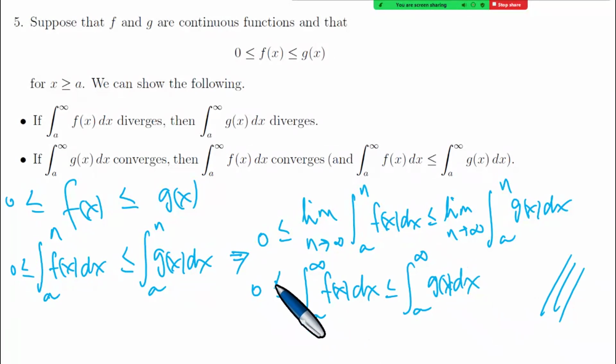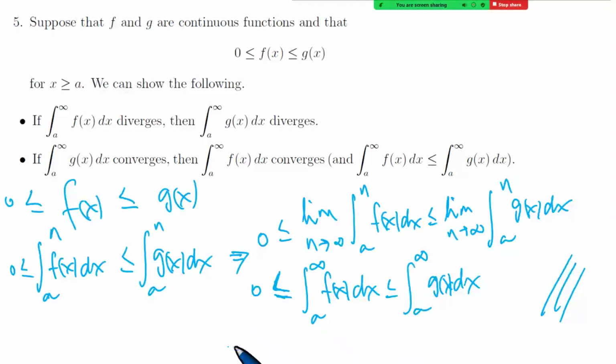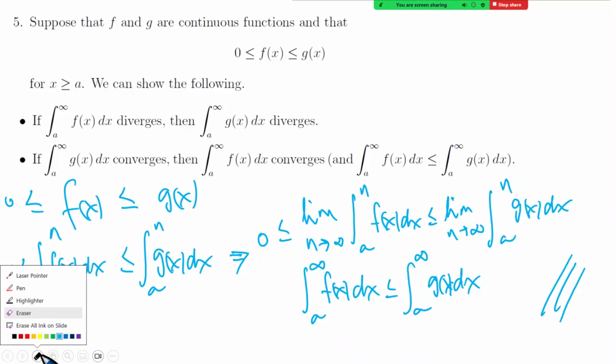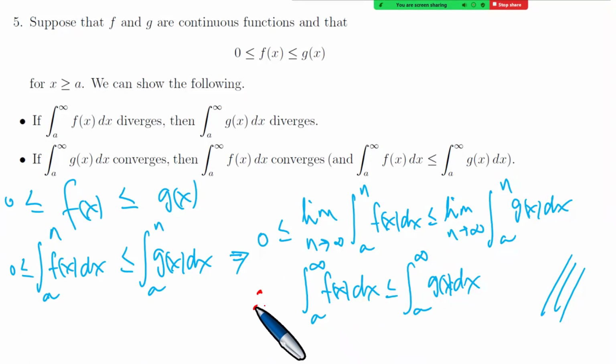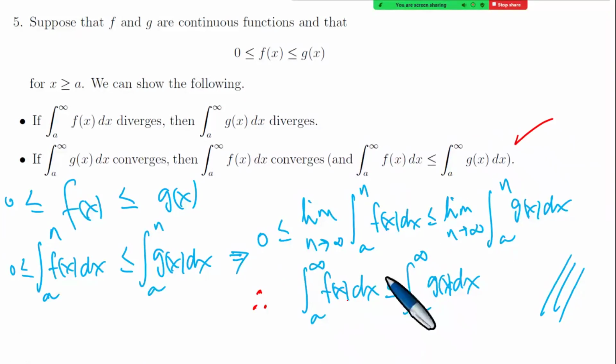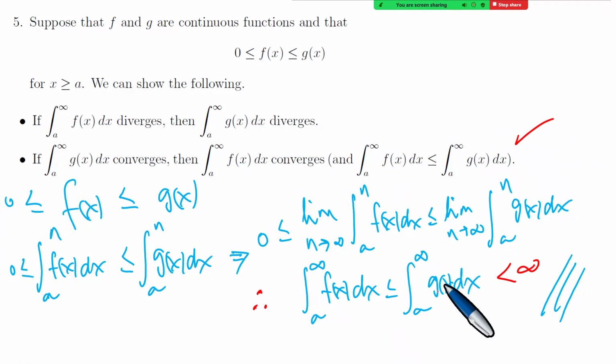Then you have that this integral here is the case, so that we have this. Because these both converge, it means these integrals converge. G converges being the biggest one, therefore f is also going to converge.